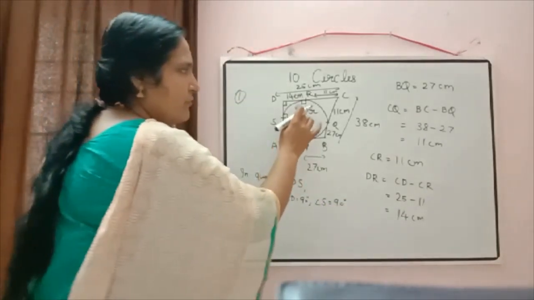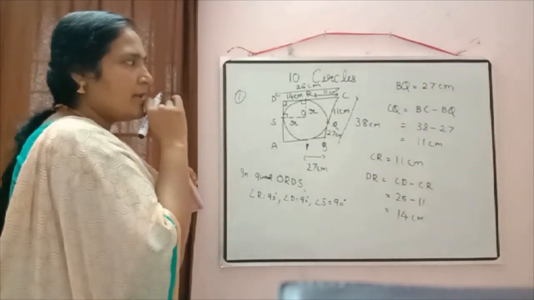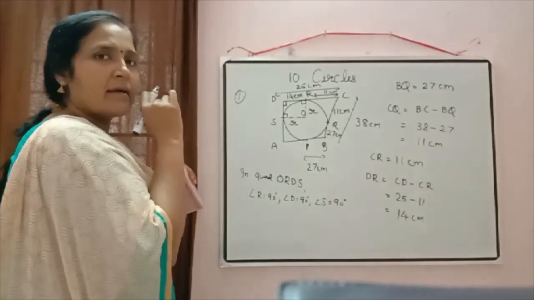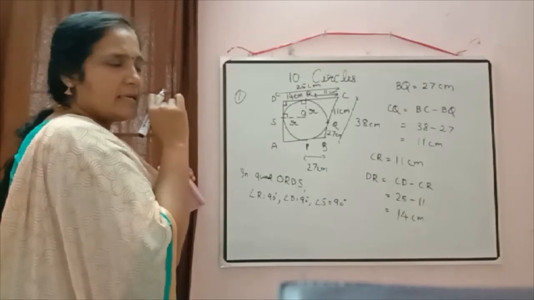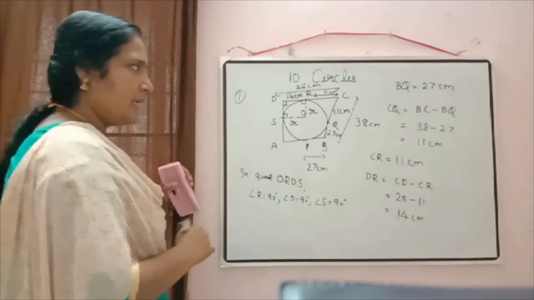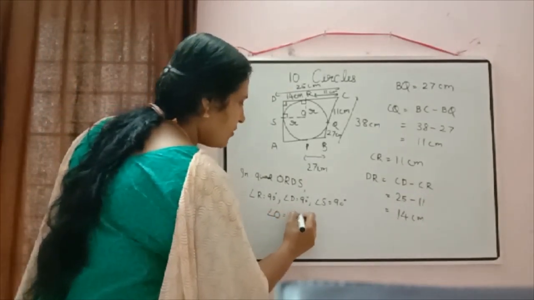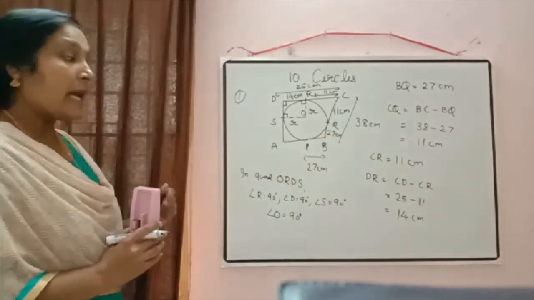Then can you tell me what will be angle O? Using the angle sum property of a quadrilateral, the sum of all the angles should be equal to 360 degree only. So if all these angles are equal to 90 degree, what can you say about angle O? Yes, correct. Angle O also will be equal to 90 degree.